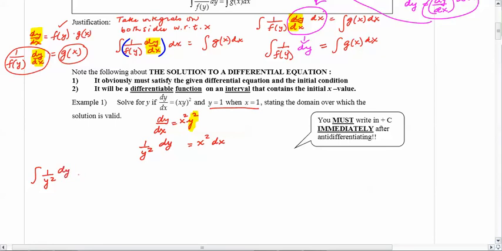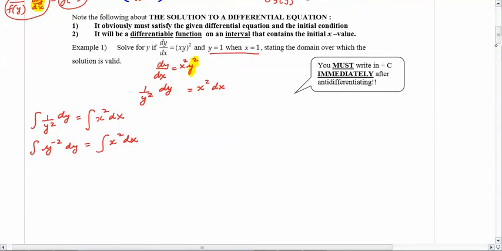So I integrate on the left-hand side with respect to y, and I integrate or anti-differentiate on the right-hand side with respect to x. I probably would want to rewrite the left-hand side as a power function because it makes it a little bit easier to figure out the antiderivative. Antiderivative of y to the negative 2, the exponent, remember I add 1 when I antidifferentiate, so it'll be negative 1, and then I figure out what the coefficient would be.